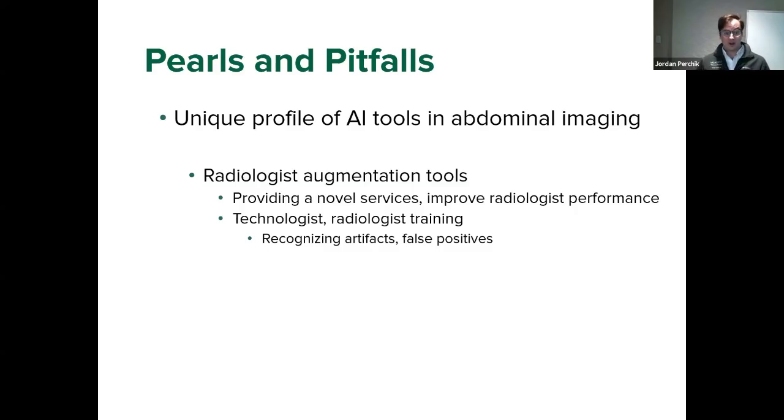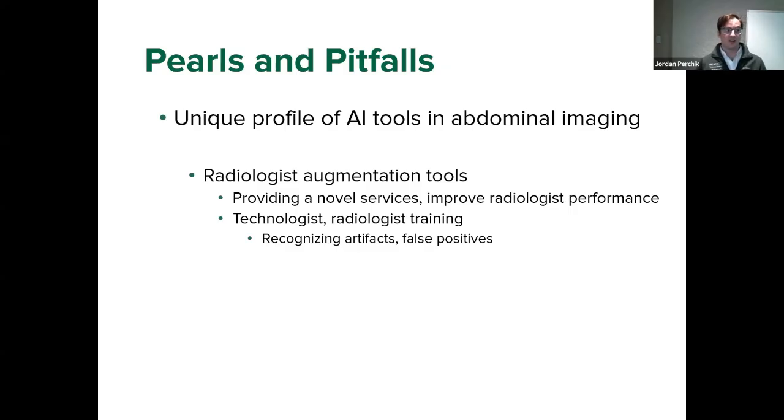So we have some very neat radiologist augmentation tools that allow us to provide some novel services and improve our diagnostic performance. But it is very important with these tools that we are able to recognize artifacts and errors when they occur, especially for those that we might be depending on to increase our quality, because we are ultimately going to be responsible for the output and ensuring that it is correct.